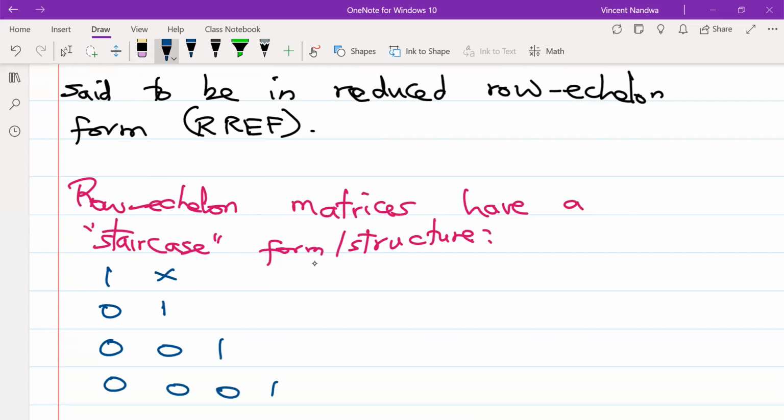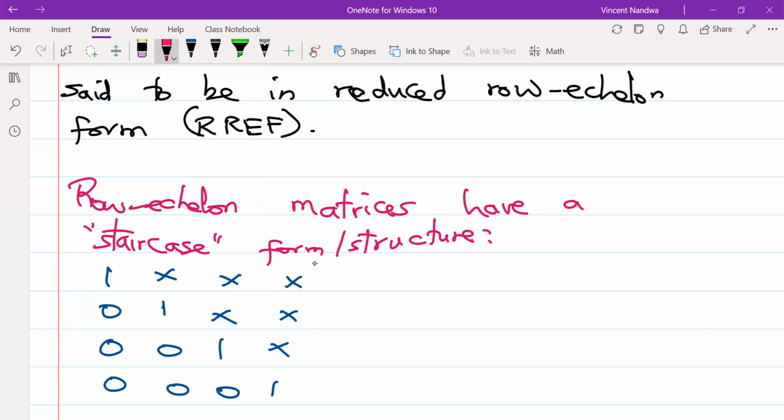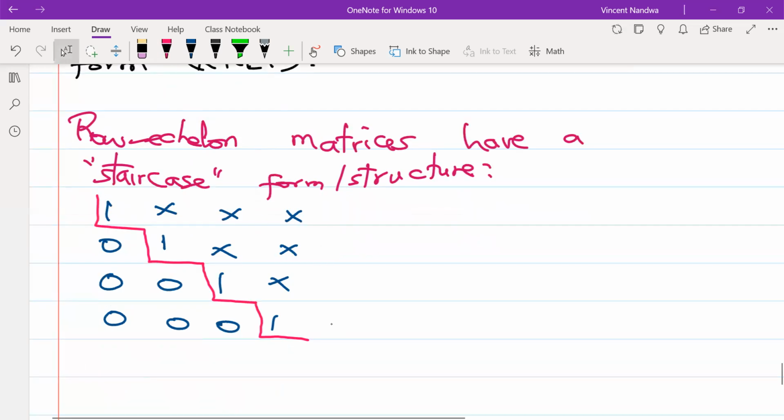So this may be 0, or may be any other non-zero number, etc. Such that there is this way in which the leading entries, or the leading ones, behave.